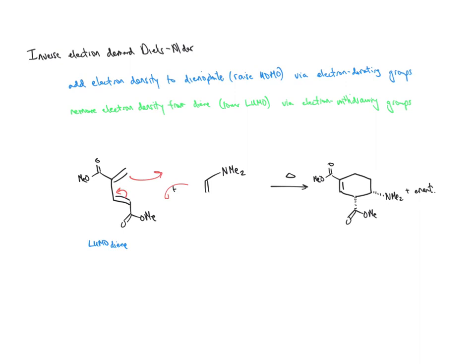In the case of the HOMO of the dienophile, we've got electron donating groups on those that are going to increase the HOMO. So we've got lone pairs on the amine, and we've got a carbonyl system in the LUMO of the diene that can pull electron density away, resulting in greater positive charge.